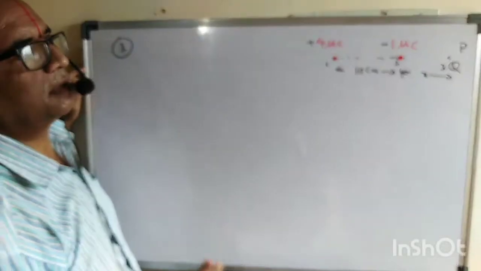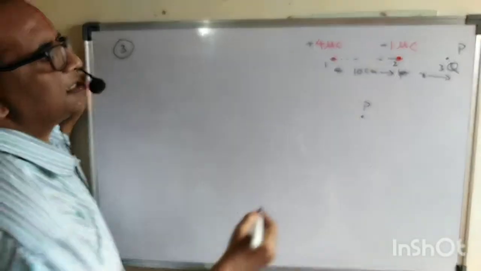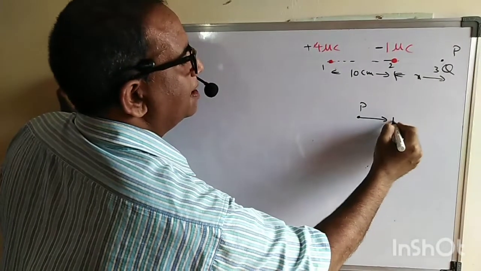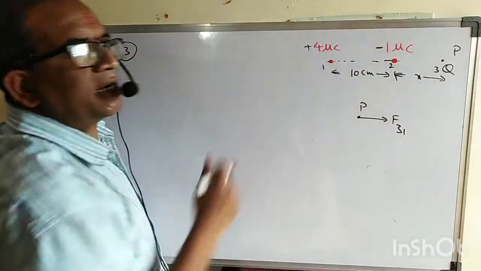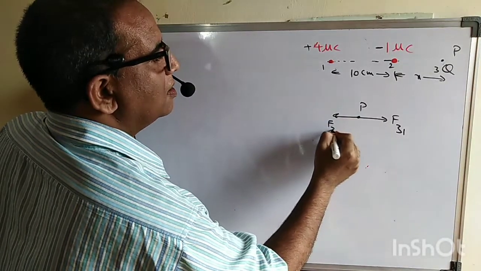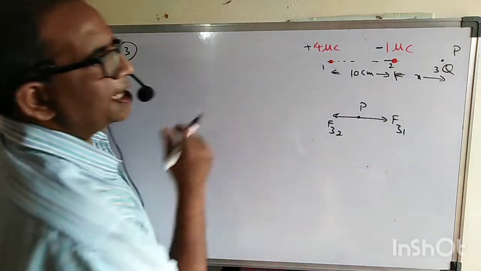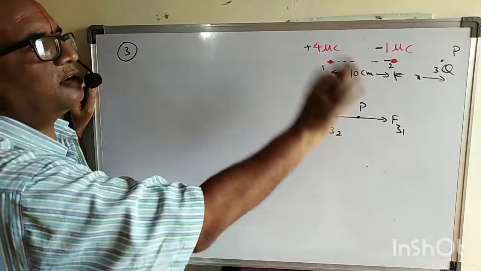So at point B, the force acting on 3 due to 1 will be in the outward direction, and the force acting on 3 due to 2 will be in the inward direction. Again, both are equal and opposite, and only then will it stay in equilibrium.